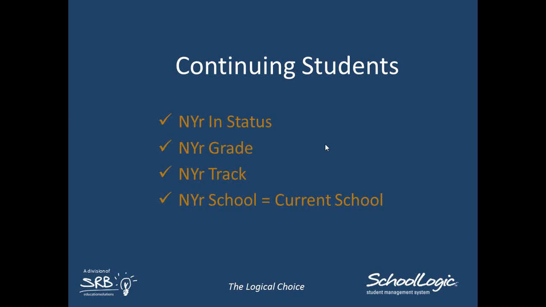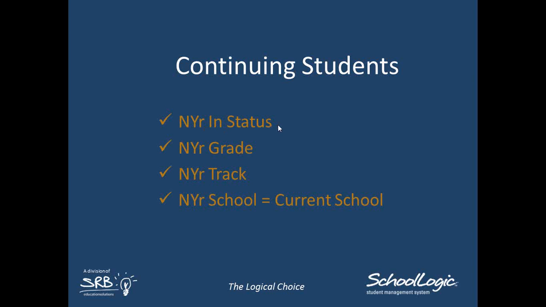So in status, what does that mean? Remember, we're talking about continuing students. Let's pretend that we are all operators at an elementary. The NYR in status is what is this kid's in status for next fall, keeping in mind they're coming back to me. They are continuing students. At my elementary, it's the 5th graders that move on. So for everybody younger than 5th grade, what NYR in status do I want them to have?